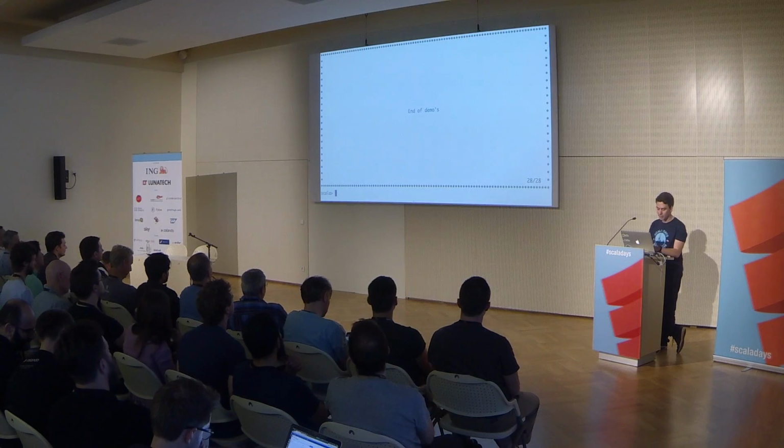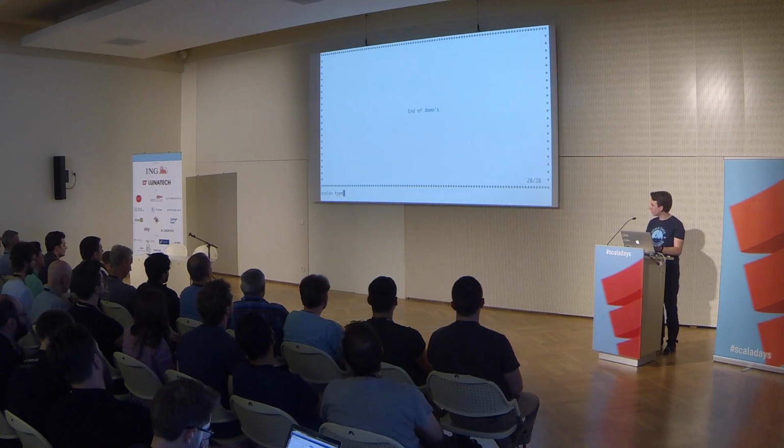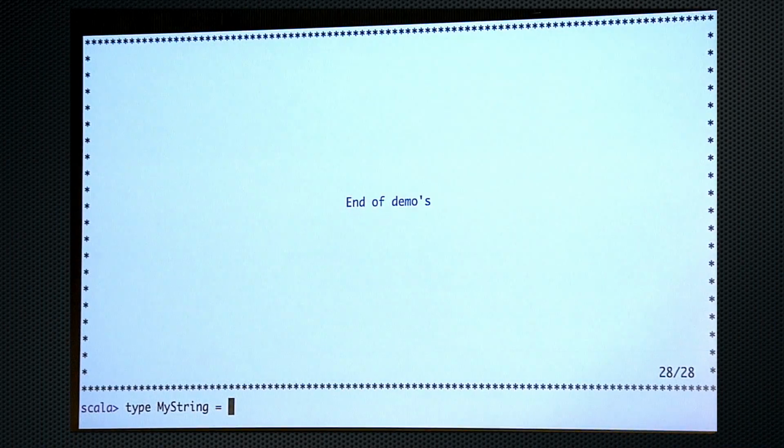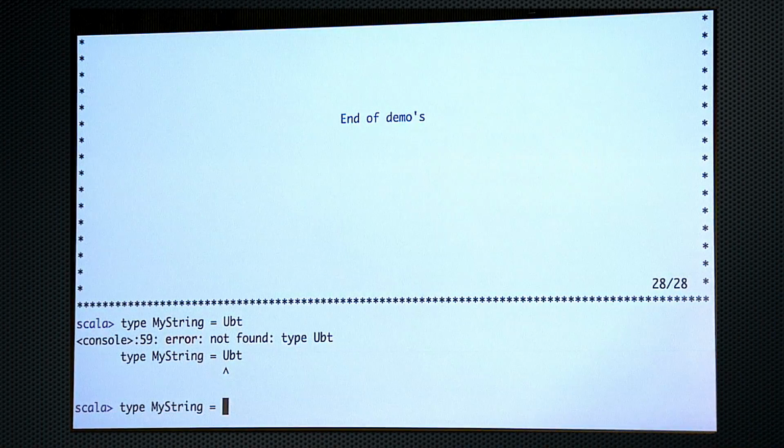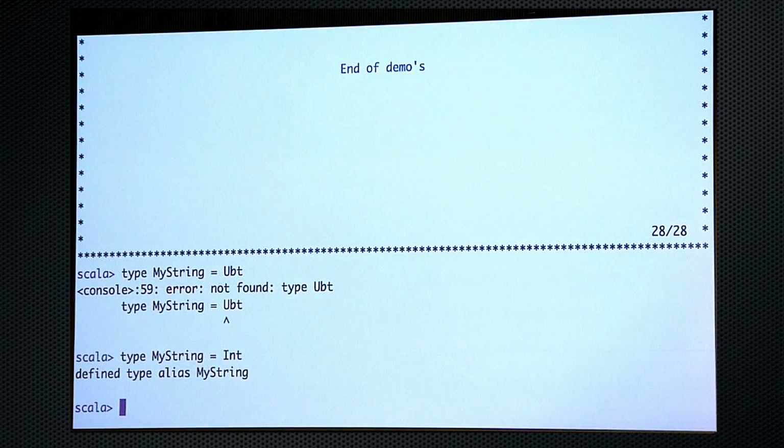So you say we make a type alias. I think this is the syntax. So we have my string is int. Oh, not upt. And now we want to define a method that does something with. No, wait. So use my string in implicit def as.